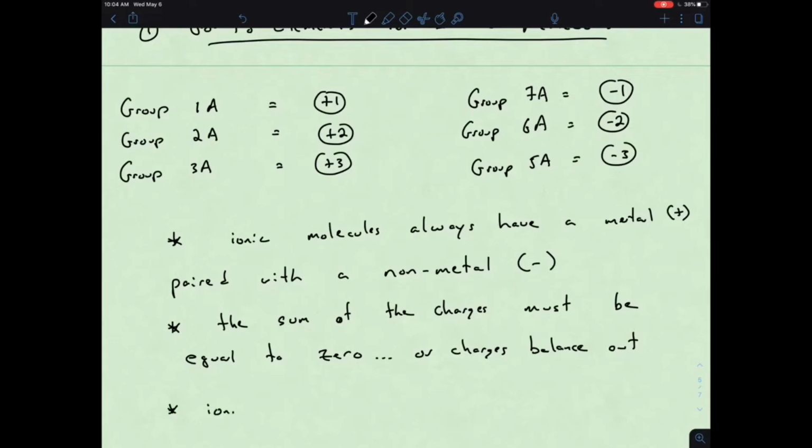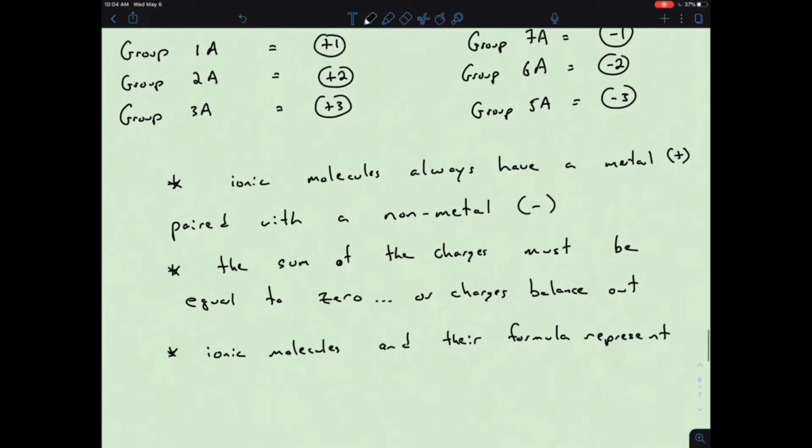And then also ionic molecules and their formula representation is always empirical.